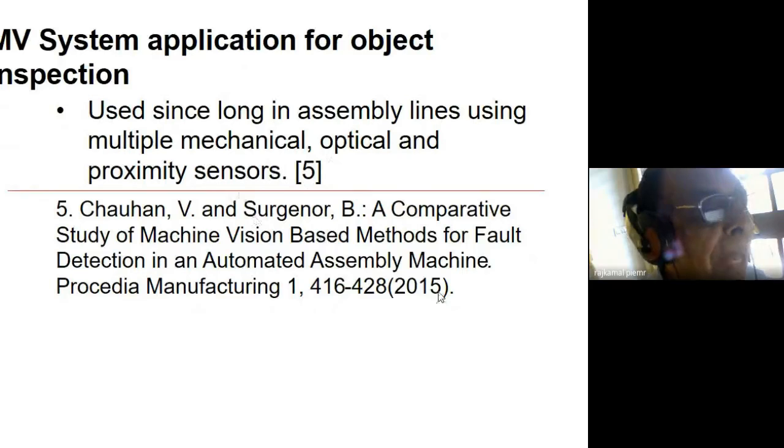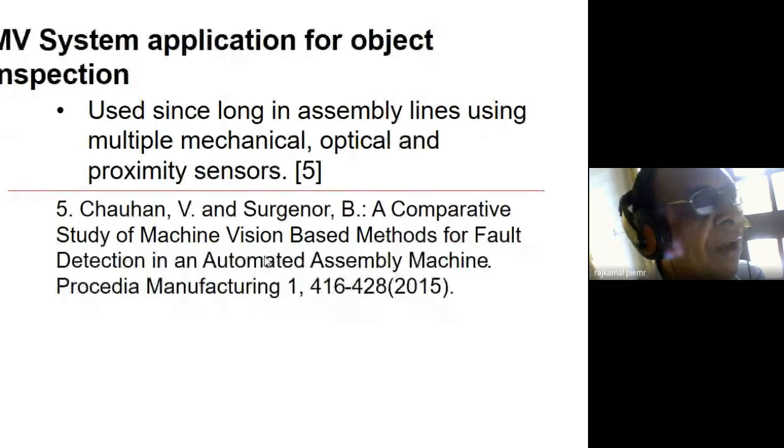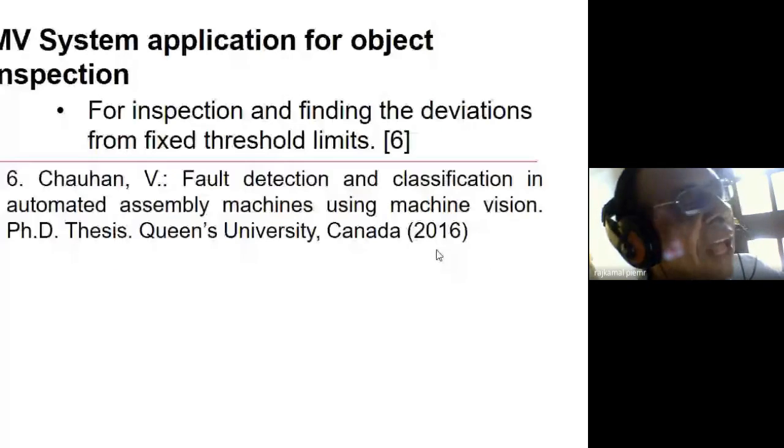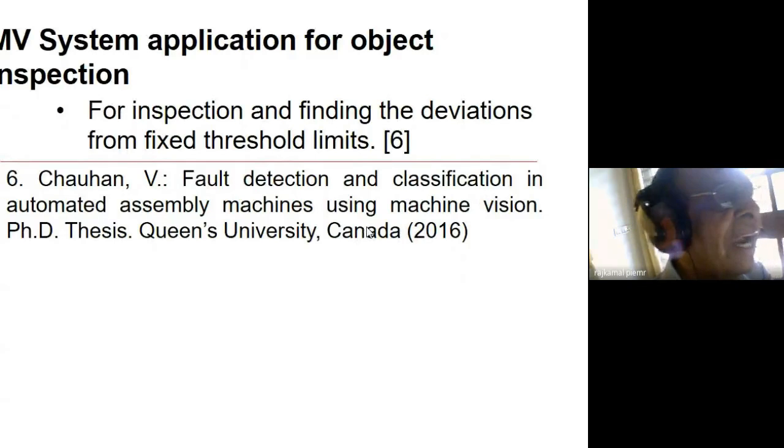The application of the machine vision concept in the assembly line was reported first in 2015 by a PhD student at Queen's University in London. This thesis also talked about how the machine parts are inspected, their deviations, and whether they are within the physical limits or not.